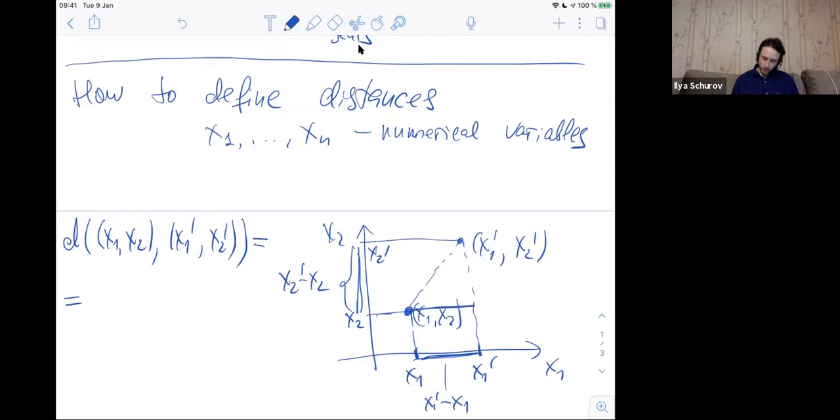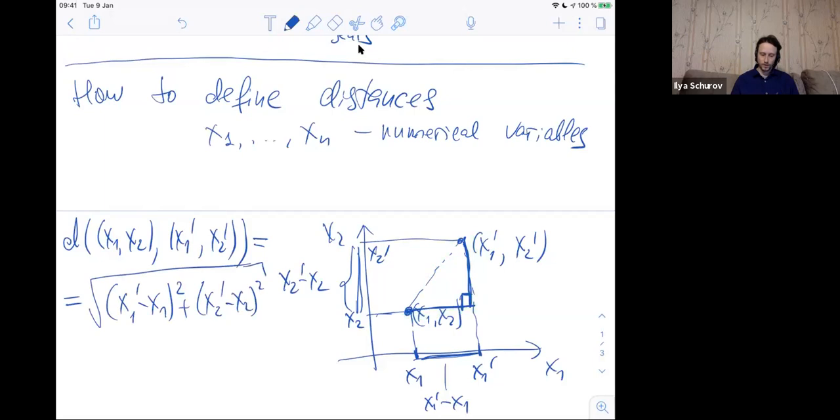Actually, we have a right triangle, this triangle. And due to the Pythagorean theorem, we know that this is the hypotenuse, and it is the square root of the sum of squares of this thing and this thing. So this distance is the square root of (x1 prime minus x1) squared plus (x2 prime minus x2) squared. This thing is called Euclidean distance.